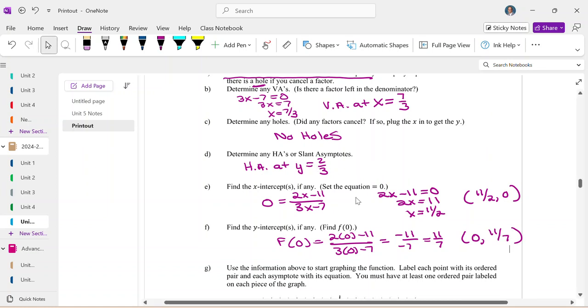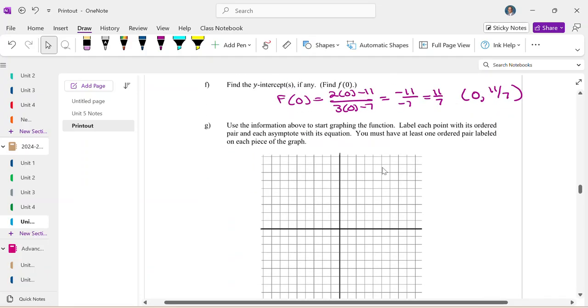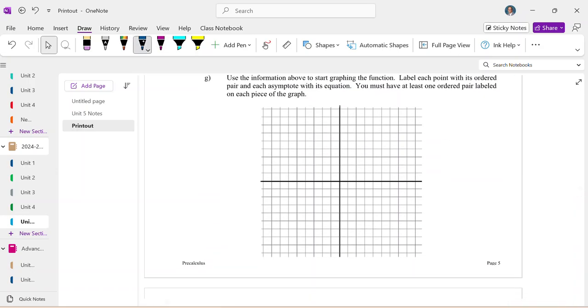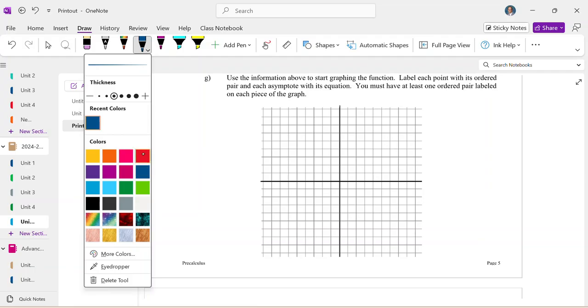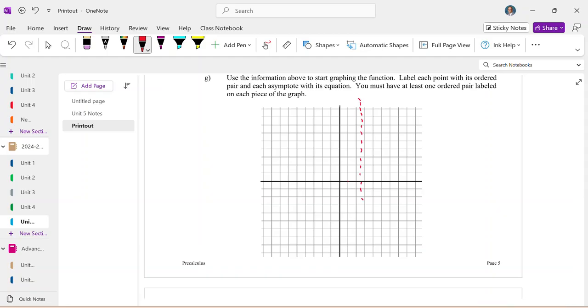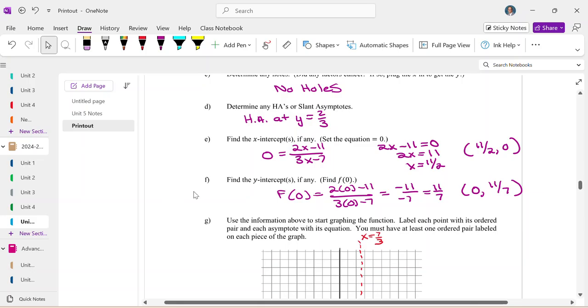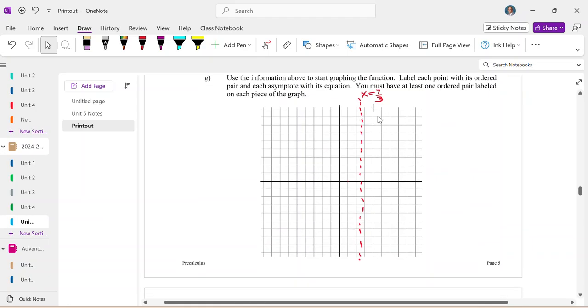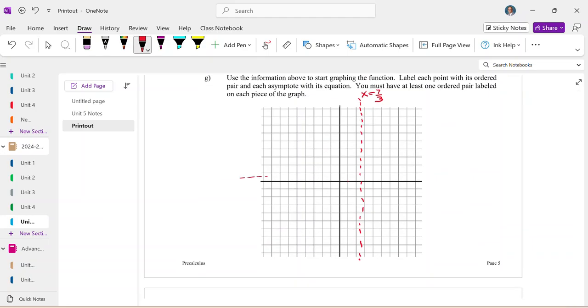And then we're going to use the information to graph this. So first, let's put the vertical asymptote, which is 7/3. So 7/3 is 2 1/3. So here's 1, 2, 1/3. So let's put that right here. And as for holes, there are none. The horizontal asymptote is at y equals 2/3, which is almost 1.